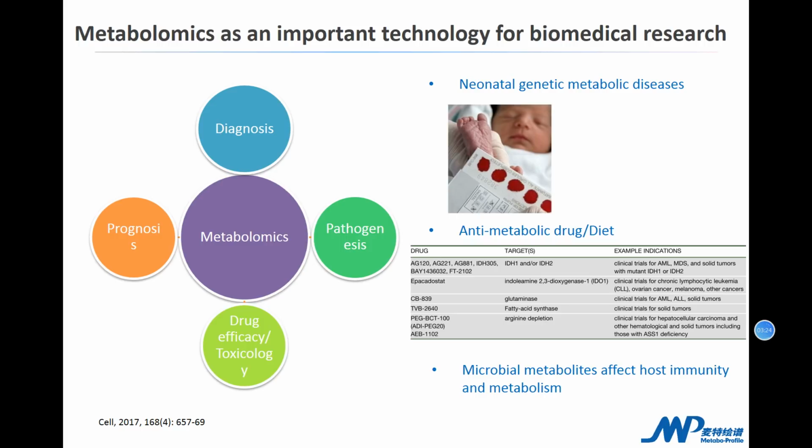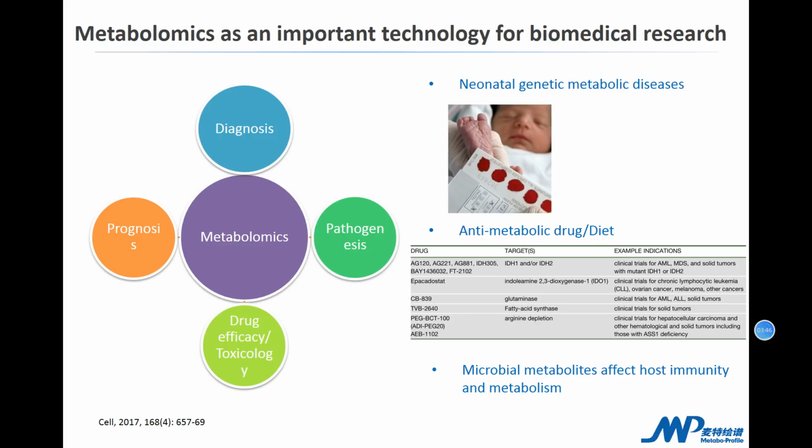Nowadays, some small molecules targeting IDH or glutaminase or fatty acid synthase have entered the stage of clinical trials. Some of which have been approved, such as AG120.